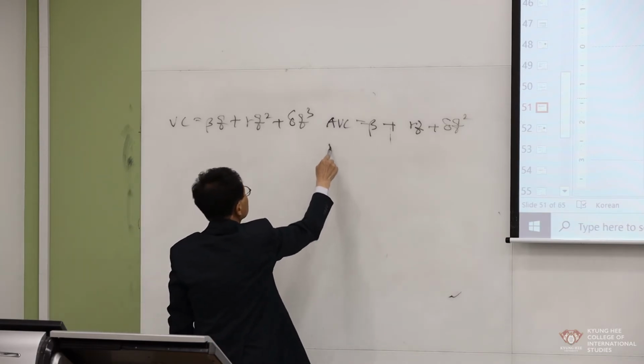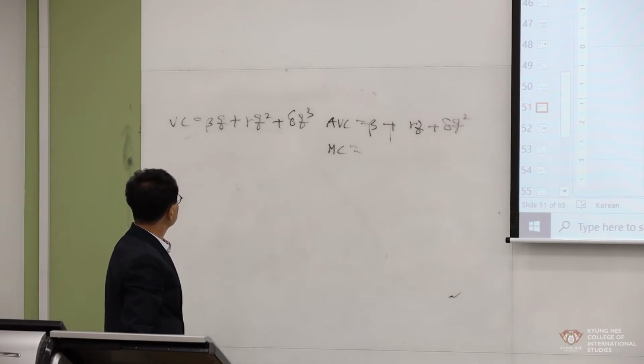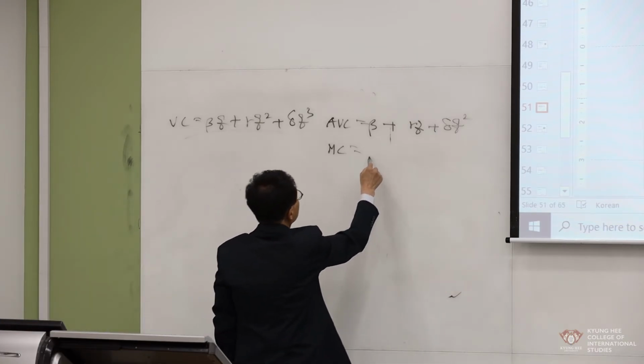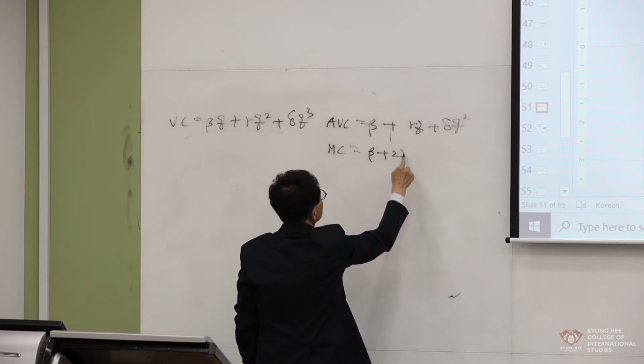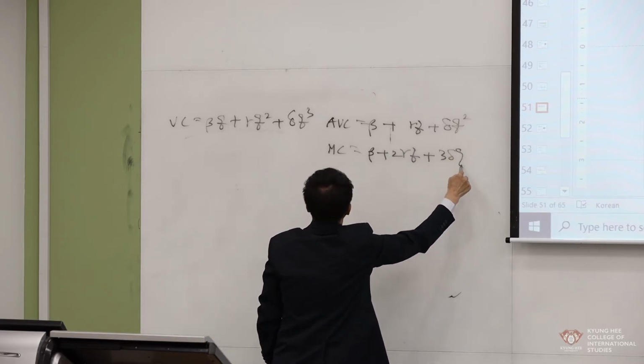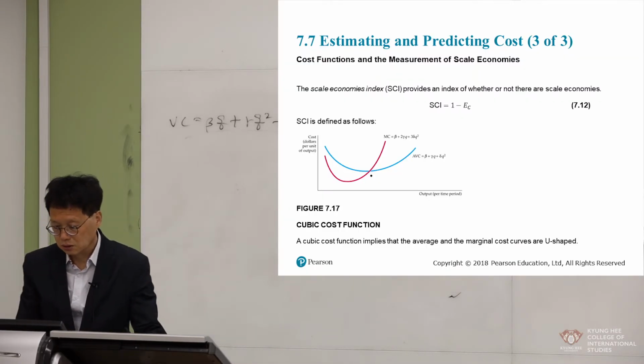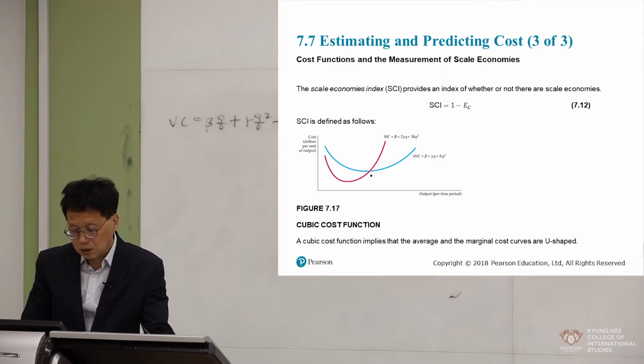And marginal cost is the first derivative of variable cost with respect to Q. Then beta plus 2 gamma Q plus 3 delta Q squared. That is marginal cost. Okay?